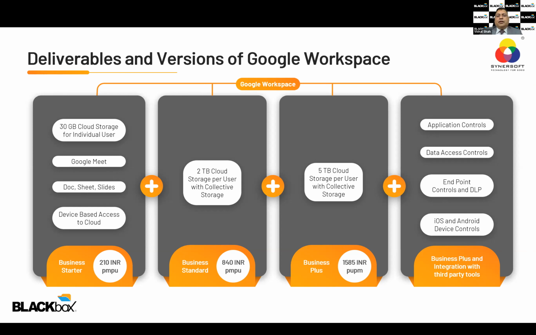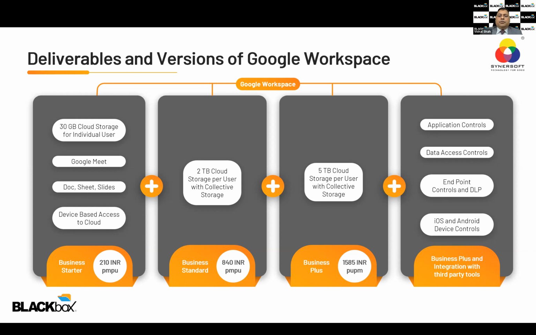So of course, in Google, either you are paying this 840 rupees per month per user or 1585 rupees per month per user, whatever it is. So basically, our cost comes down anywhere between 7 to 8,000 rupees per user per annum to maybe 20,000 rupees per user per annum if we want all these things to be with us.